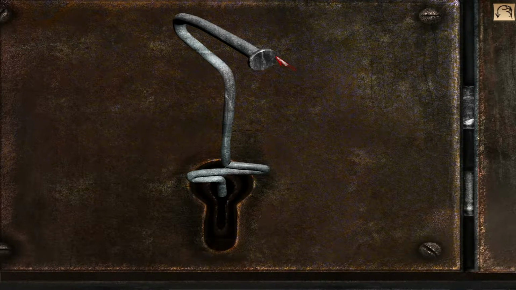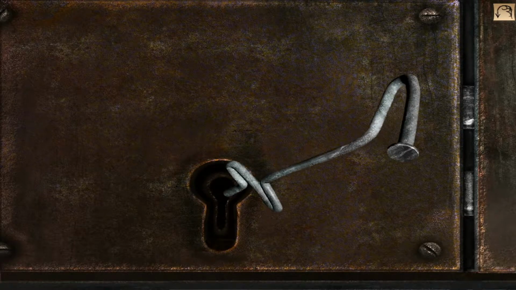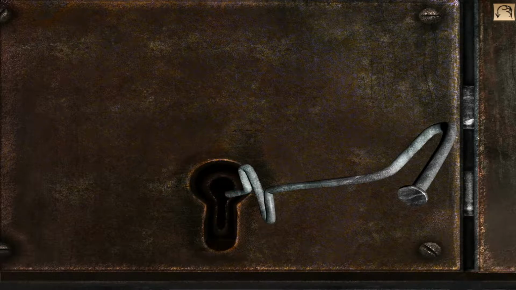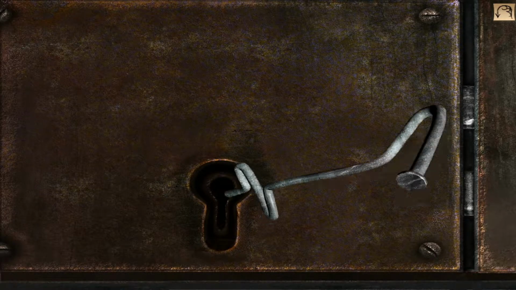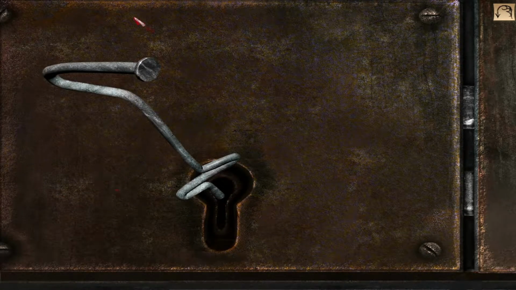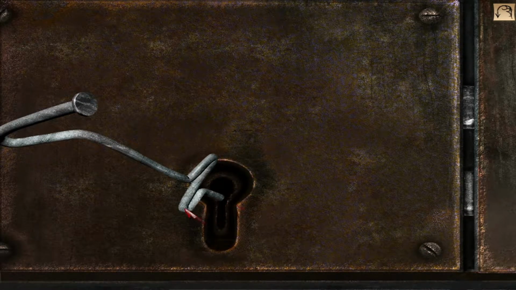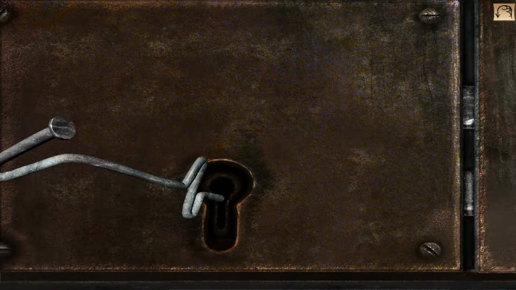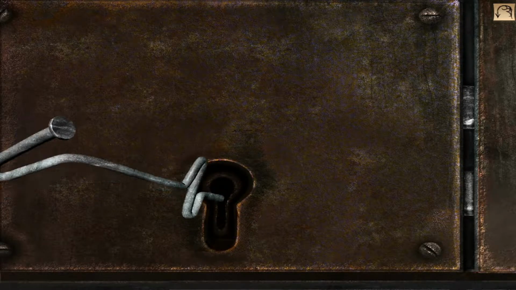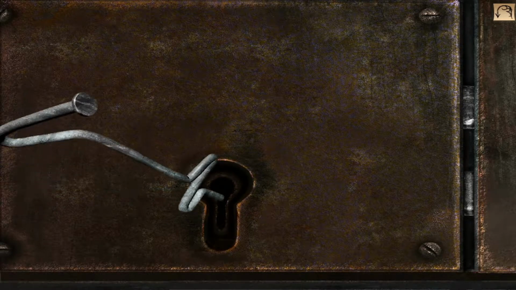And what am I supposed to do? I really don't know. Yes, obviously I need to pick the lock, but let's.